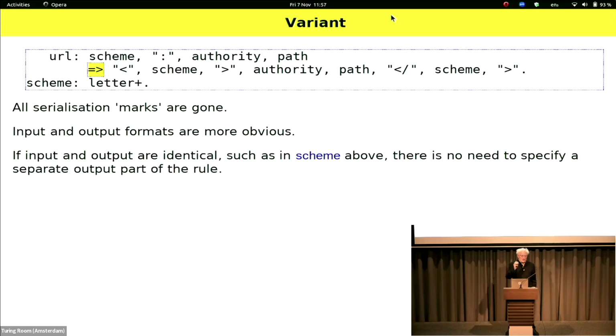It's now very much easier to see what is input and what's output. It's just obvious there, right in front of you. And what I've said is that if the input and output are identical, as in scheme here, then there's no need to specify a separate output rule. You just leave it without separate parts because they're both the same.